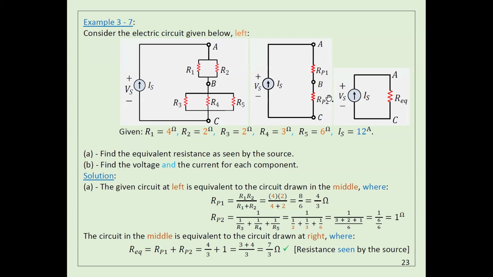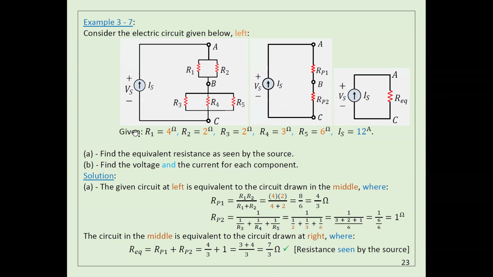But this one and this one are in series, because the same current is going to flow this way. So I can get the final resistance, which equals this resistance plus this resistance, because these two are in series. You can even notice this resistor and this resistor are in series, because the same current flows through both. By this way, I was able to calculate the total resistance, which is 7/3 ohms.